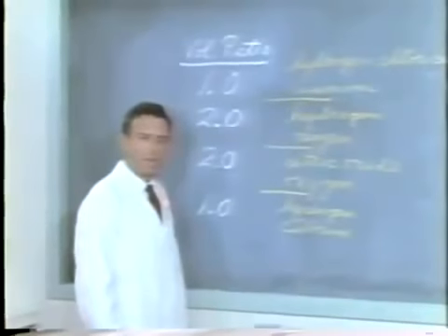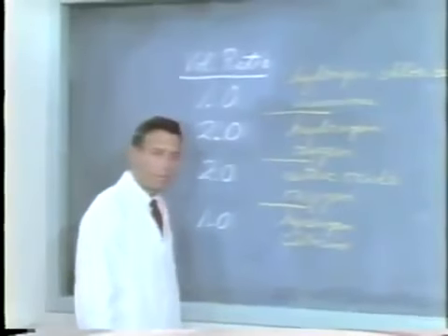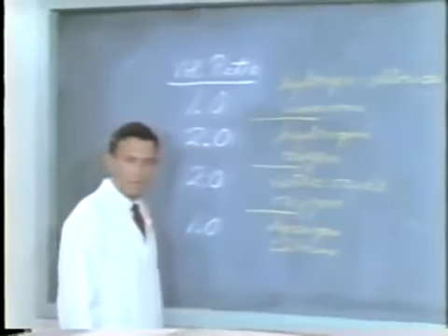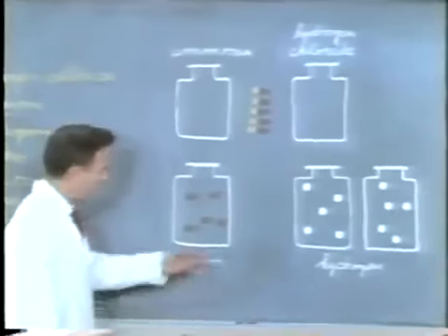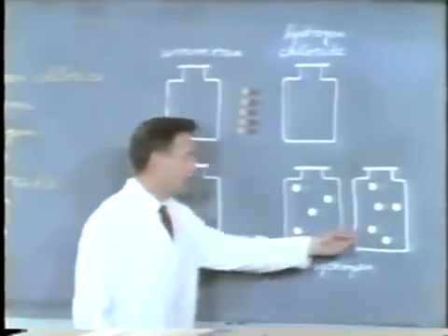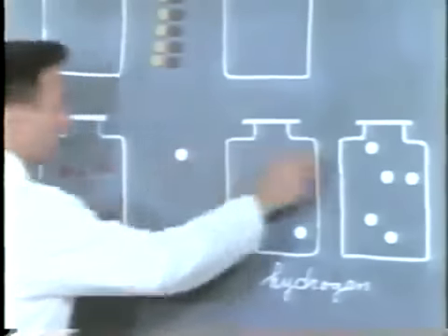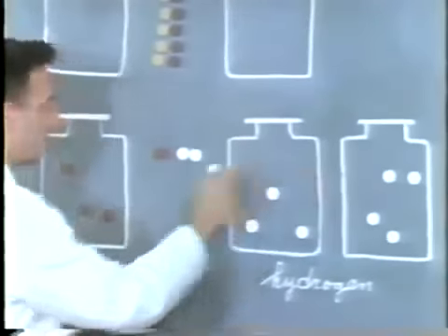Let's see whether this hypothesis is consistent with the other volume ratios. For example, can we explain a volume ratio of 2 with this assumption? We have set up the oxygen-hydrogen case with this same assumption, that equal volumes contain equal numbers of molecules. 2 volumes of hydrogen combine with 1 volume of oxygen.